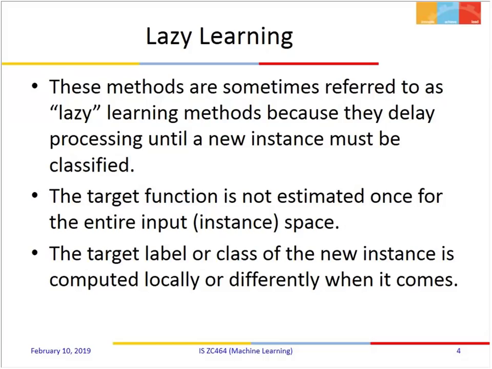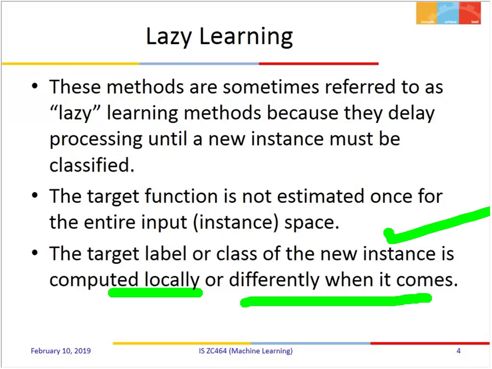So the target function is not estimated once for the entire input space. The target label or class of the new instance is computed locally or differently when it comes. So we will have a graphical representation of the instances and the test instance, and we will see what this algorithm is doing with the data.